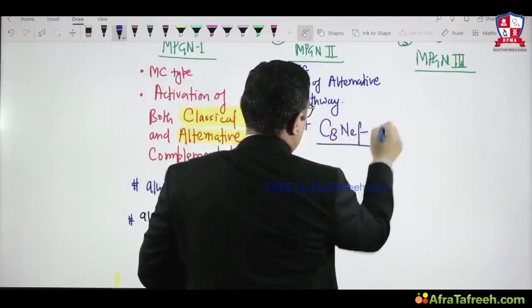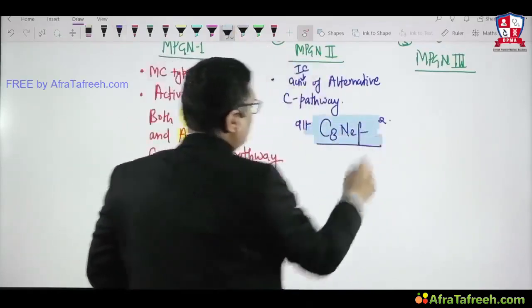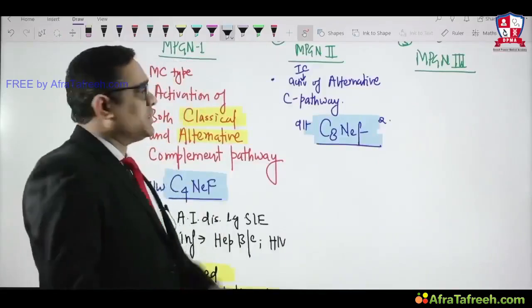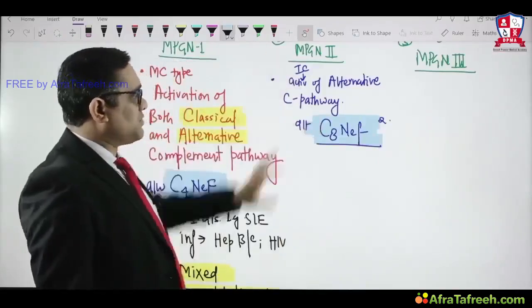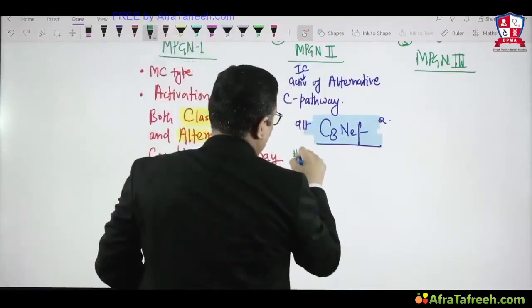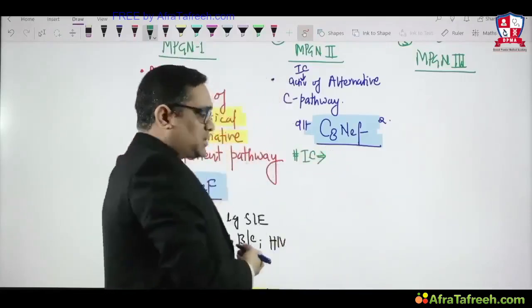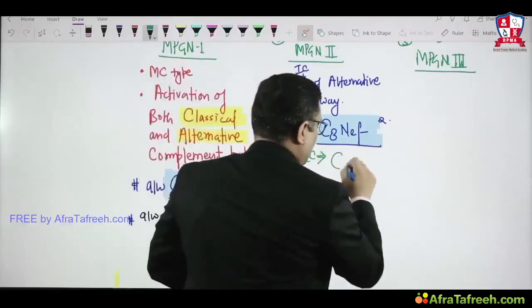These are older All India questions: C3 nephritic factor is associated with MPGN type 2. On immunofluorescence microscopy, you will find C3 and properdin.